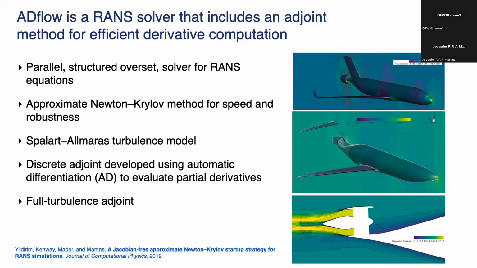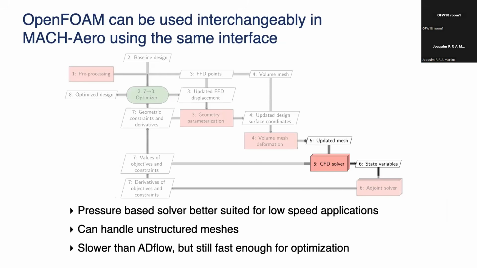We have an approach that we call the approximate Newton-Krylov method that's really robust, so it converges for very off-design cases. And we've got the Spalart-Allmaras turbulence model. And one of the most important features here is a full discrete adjoint for the whole thing, all with analytic derivatives. Okay, so fully analytic, no finite differences or anything like that. So it's really efficient.